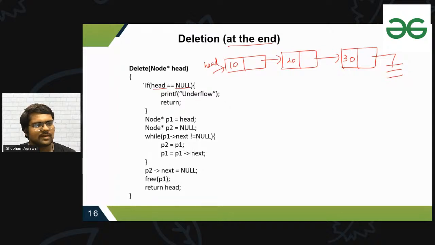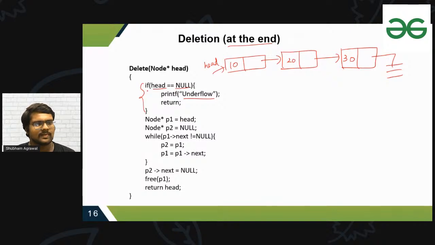If it is true, we simply return from the delete function, because if the list is empty, we don't have to delete anything. So we first have to check whether the head is null or not.